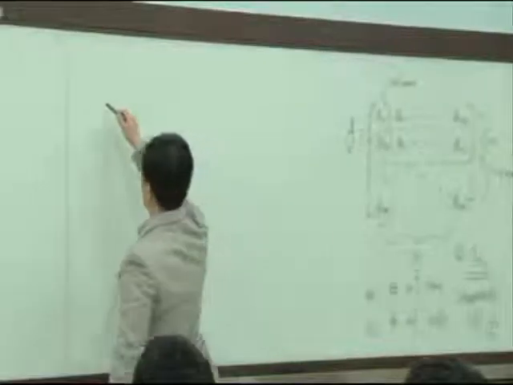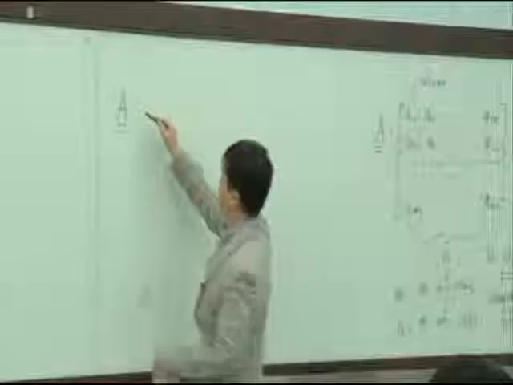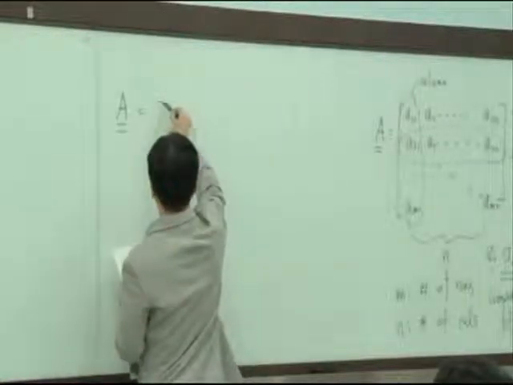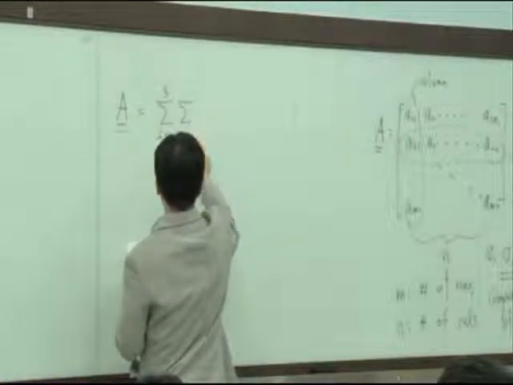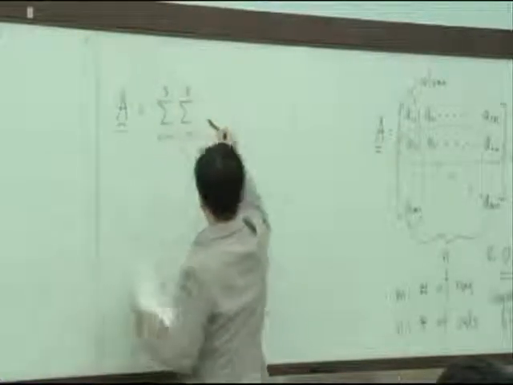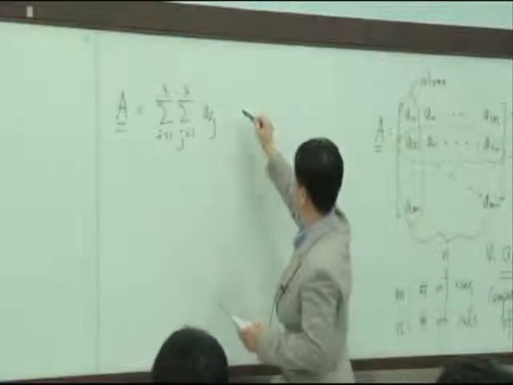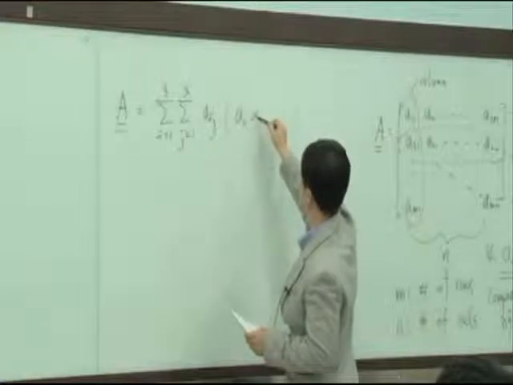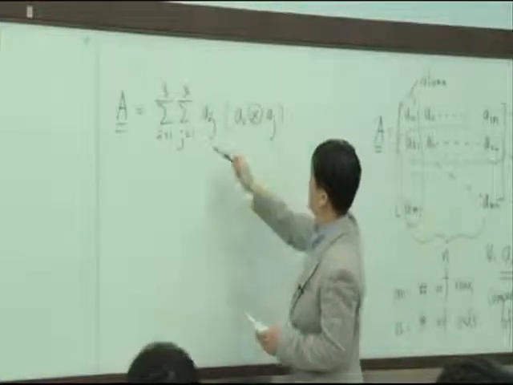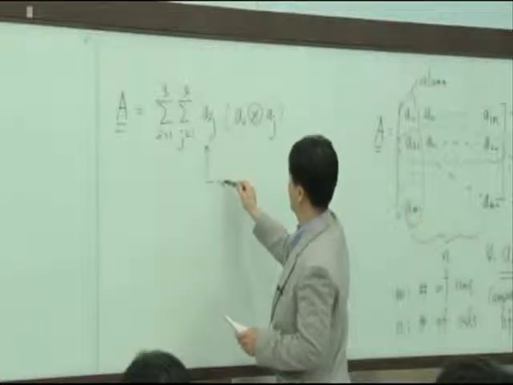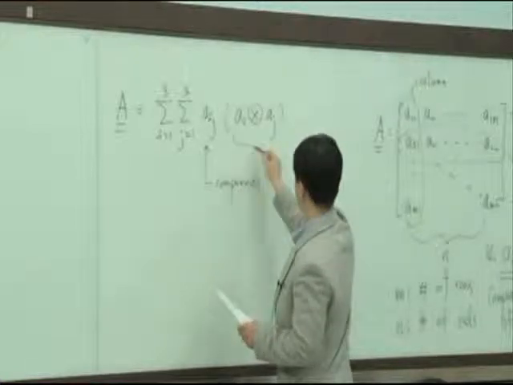So A can also be written as the summation over i equal 1 to 3, j equal 1 to 3, of the component Aij and the base Ei Ej. This is the component, and this is the base.